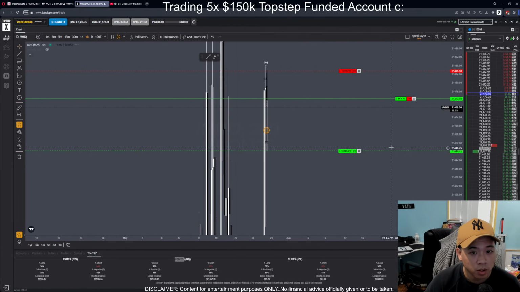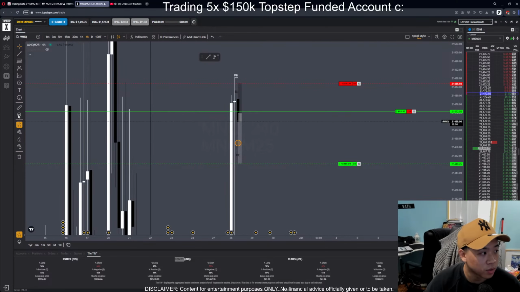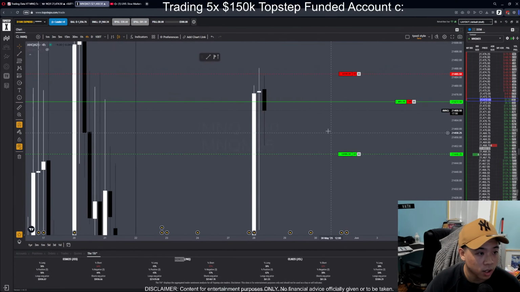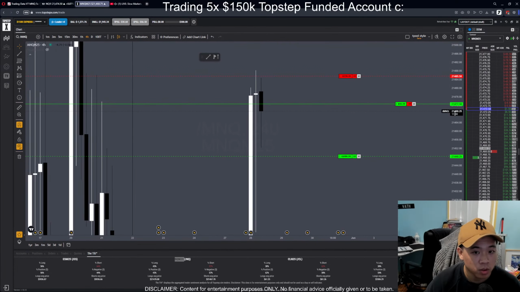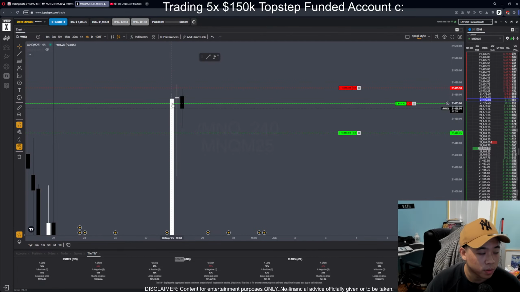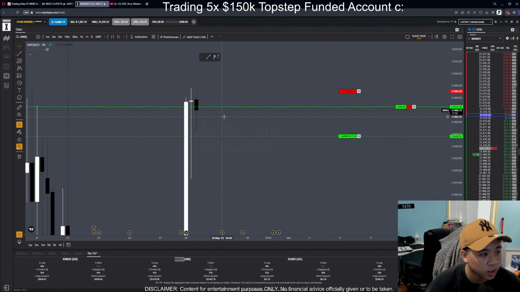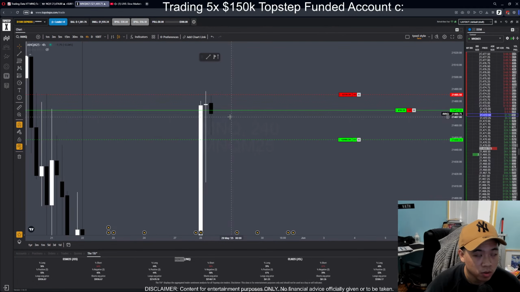Let's have a look at what the 4 hour is finally saying. Okay, now we've got the 3 candle pattern, big engulfing, bang, bang, bang. This is a sign of a reversal. Although ideally you want the smaller initial bullish candle followed by a doji and then a mad engulfing.